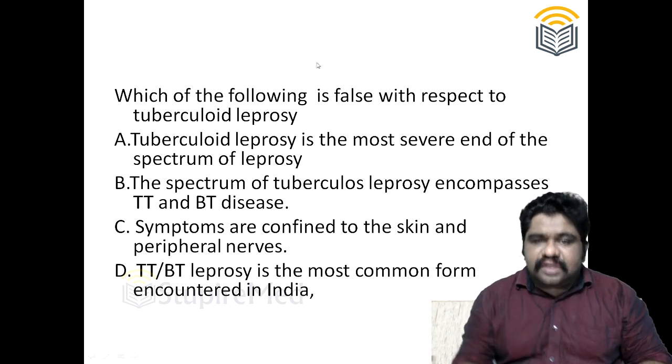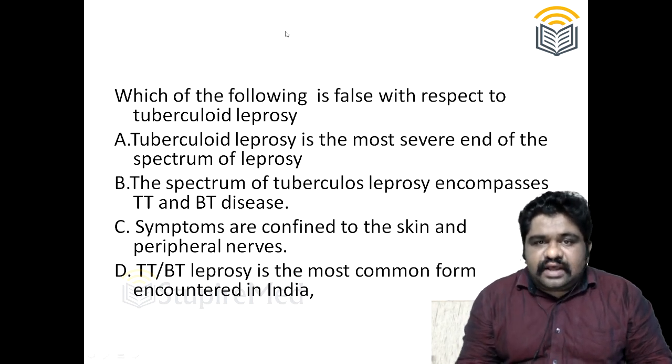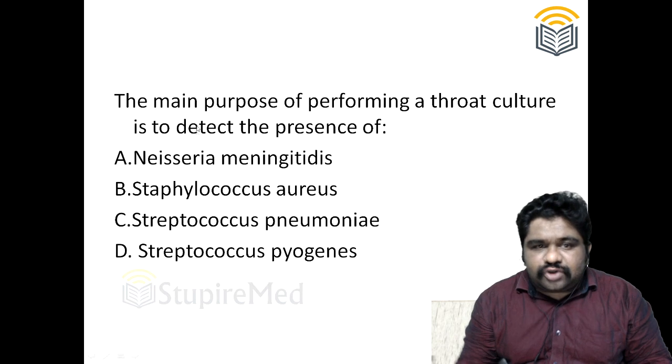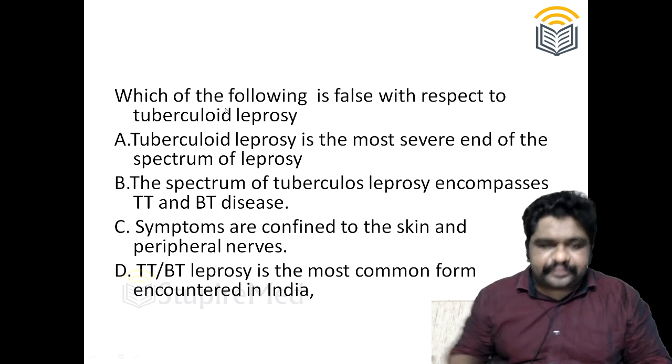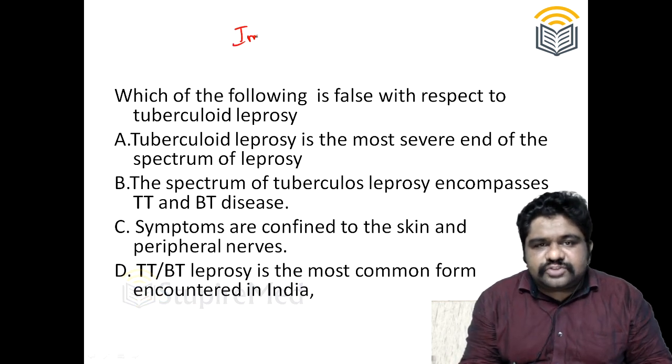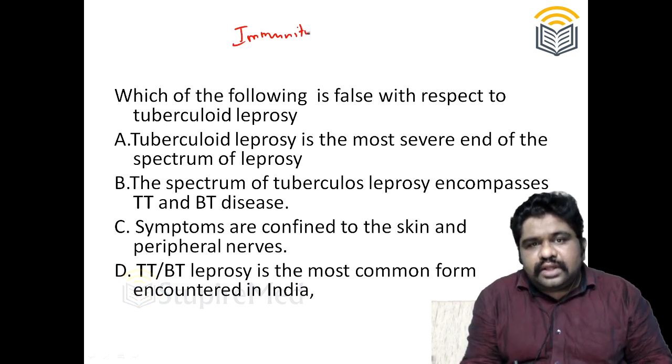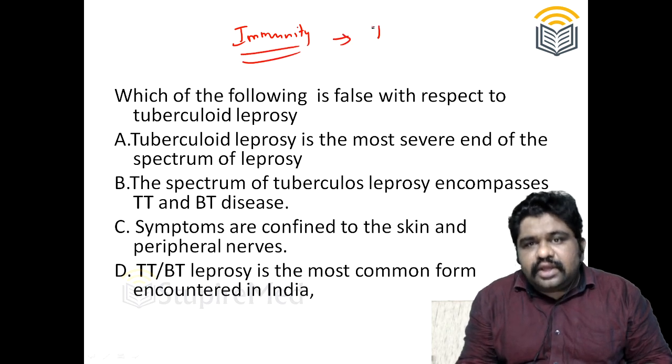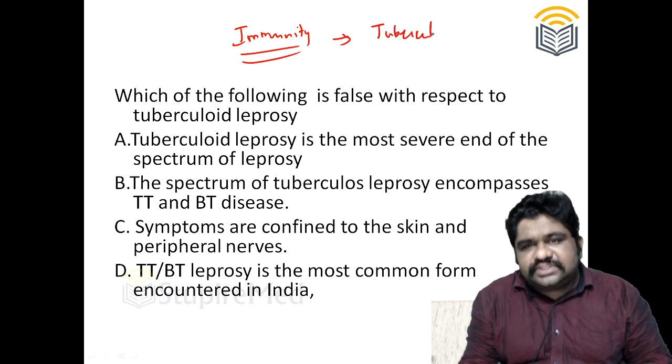Let me begin by telling you the spectrum of leprosy. As we start from the best end of the spectrum in terms of immunity, the best would be tuberculoid leprosy.